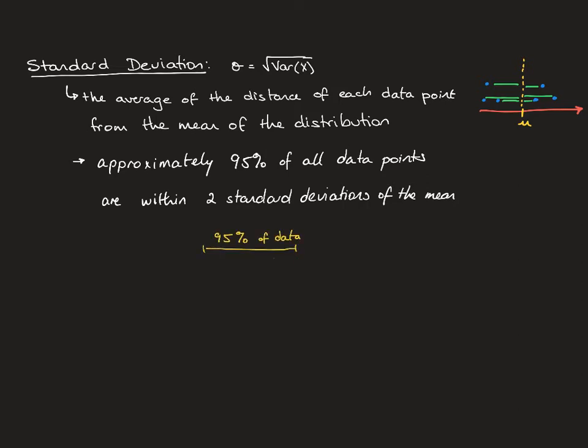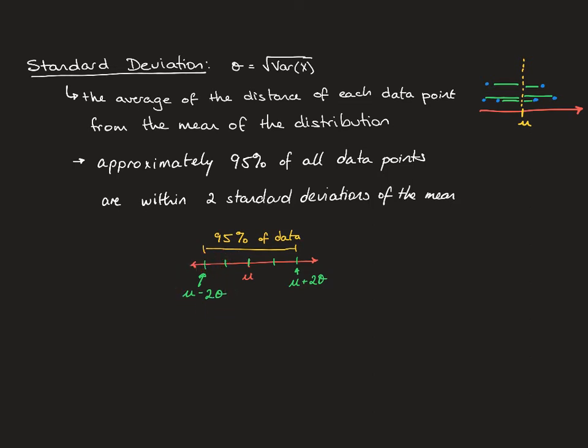What that means is that 95% of the data is captured in this little section here, between the mean and 2 standard deviations out, so 1 step, 2 step out, this value here, and 2 standard deviations in the other direction, this value here.